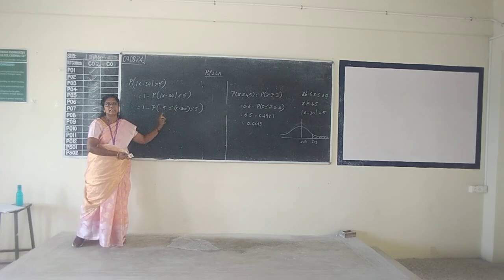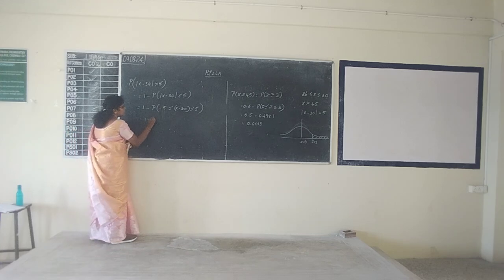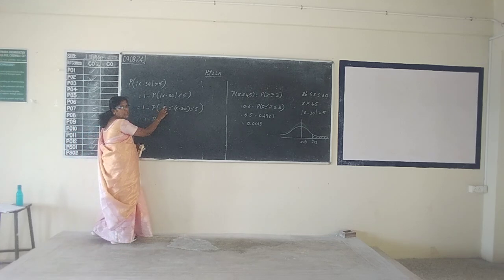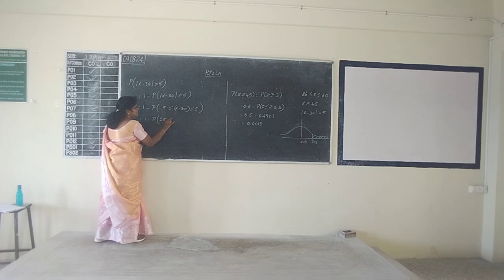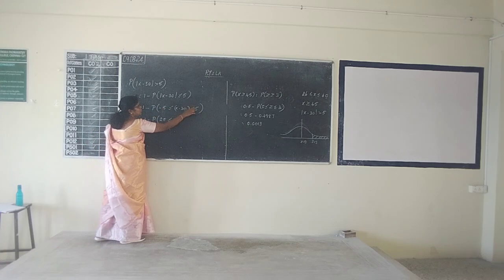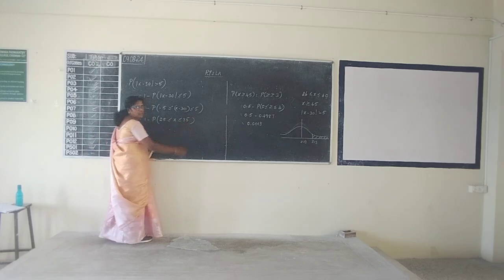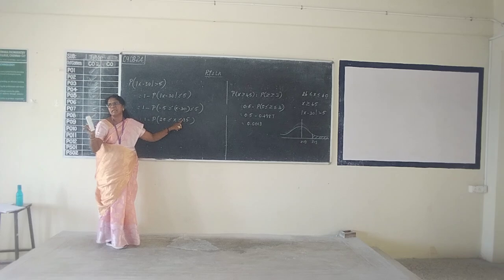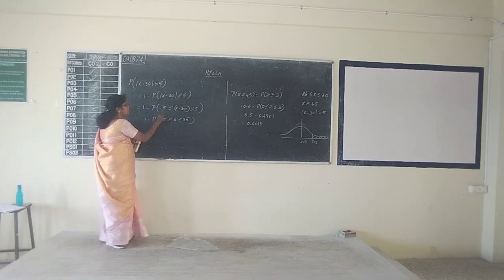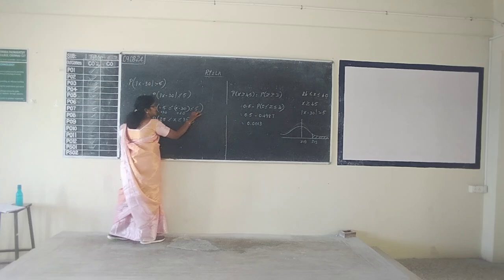So 1 minus probability of minus 5 plus 30, 25, less than or equal to x less than or equal to 5 plus 30, 35. Can you understand now? We have to remove this minus 30, so we add plus 30 everywhere: here plus 30, here plus 30 and here also plus 30.